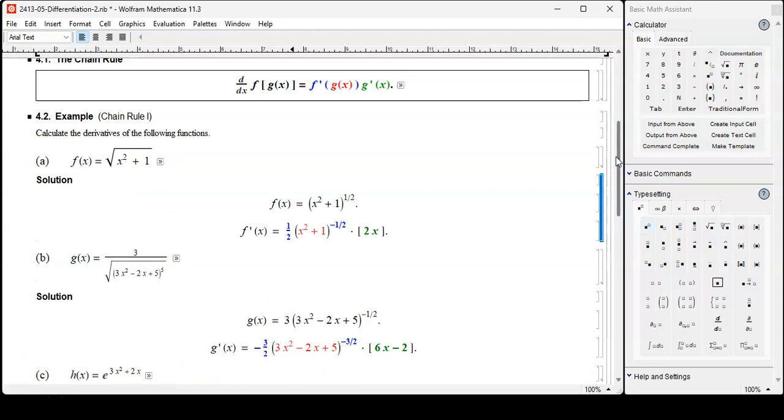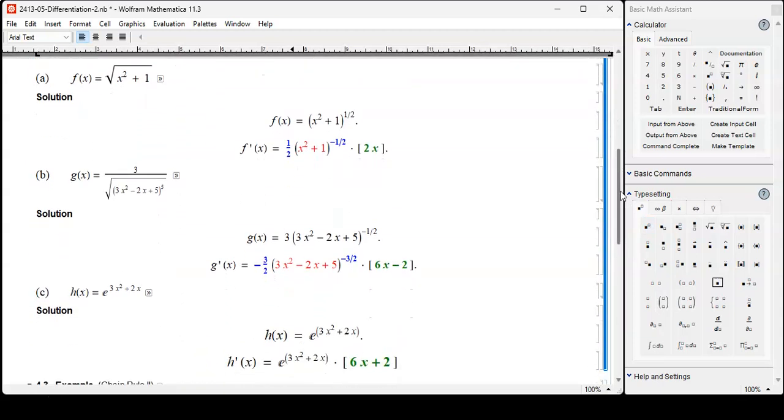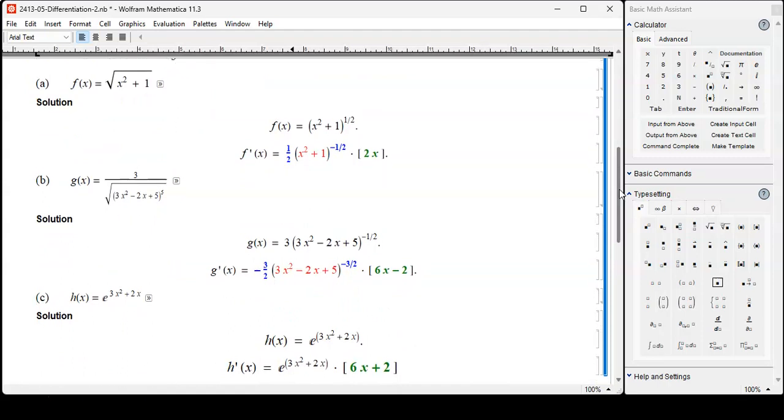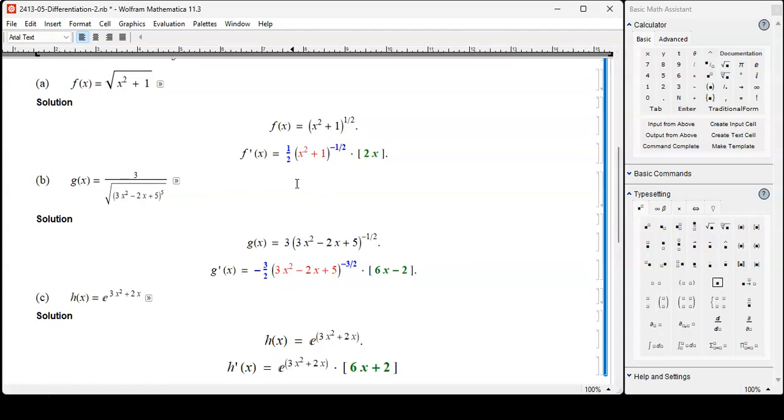There and there. And we have all these problems in the same viewing window. Just one use of chain rule for each. Blue, outer function, red, inside stays the same, and green, chain. Step 1, outer function.